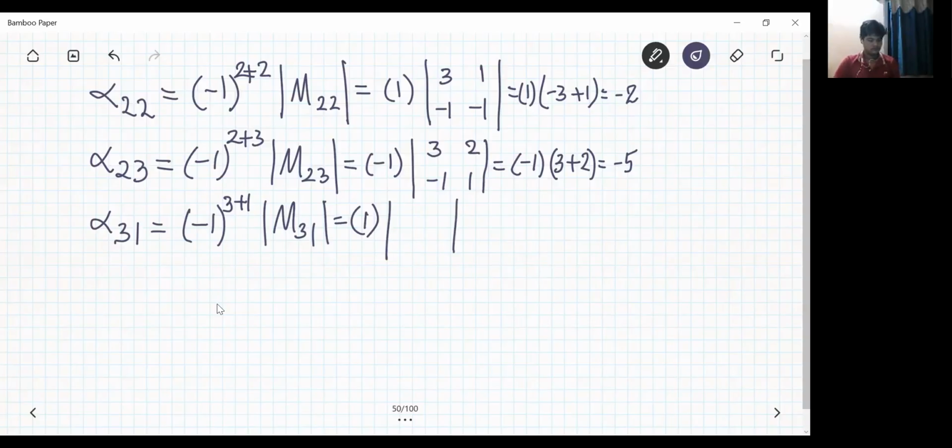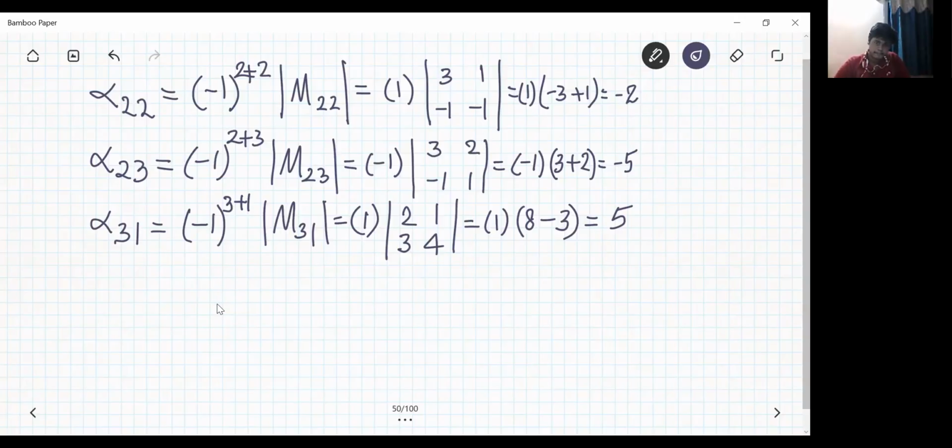Then the numbers are 2, 1, 3, 4. So this is 1 into 8 minus 3, therefore it becomes 5, not 11, because 2 into 4 minus 3 into 1.